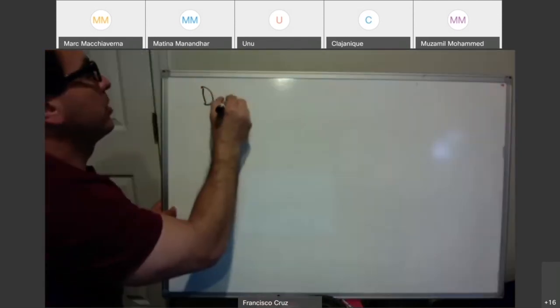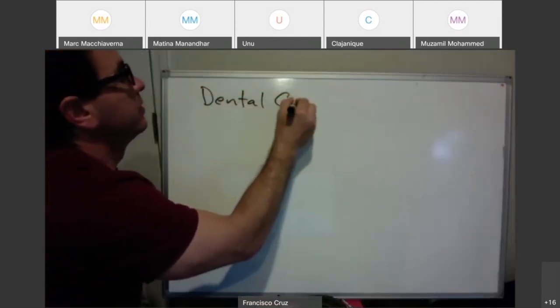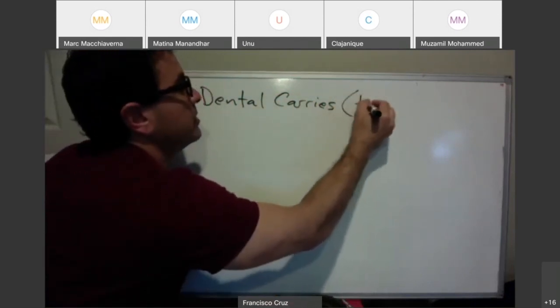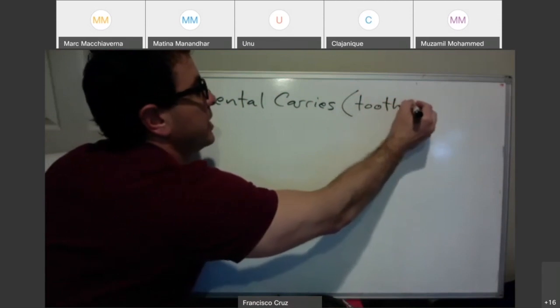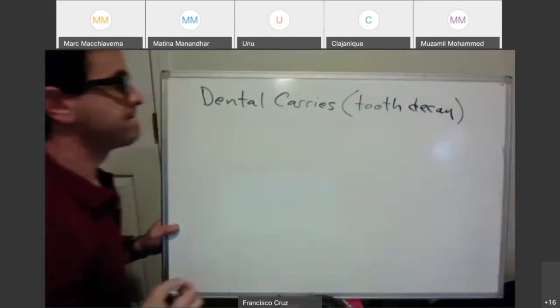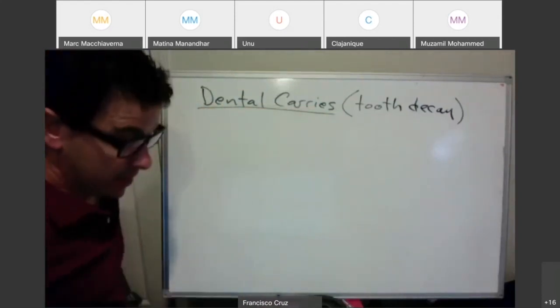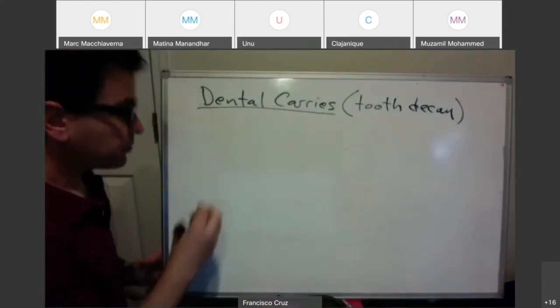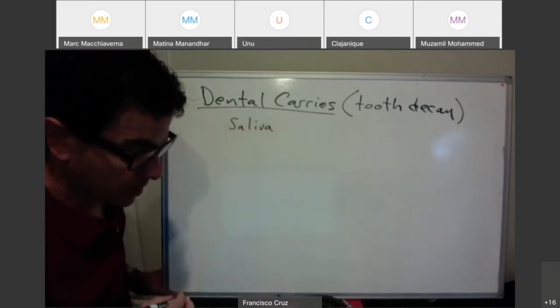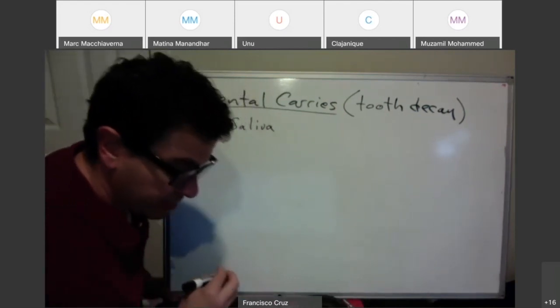So we're going to be talking about dental caries, and this is another way of saying tooth decay. All right. So saliva on the tooth surface provides a microbial attachment site.